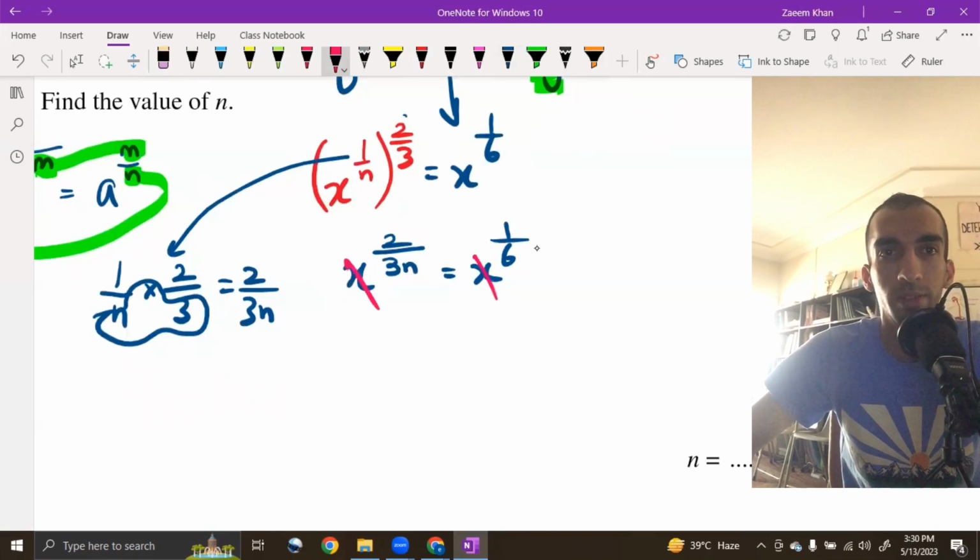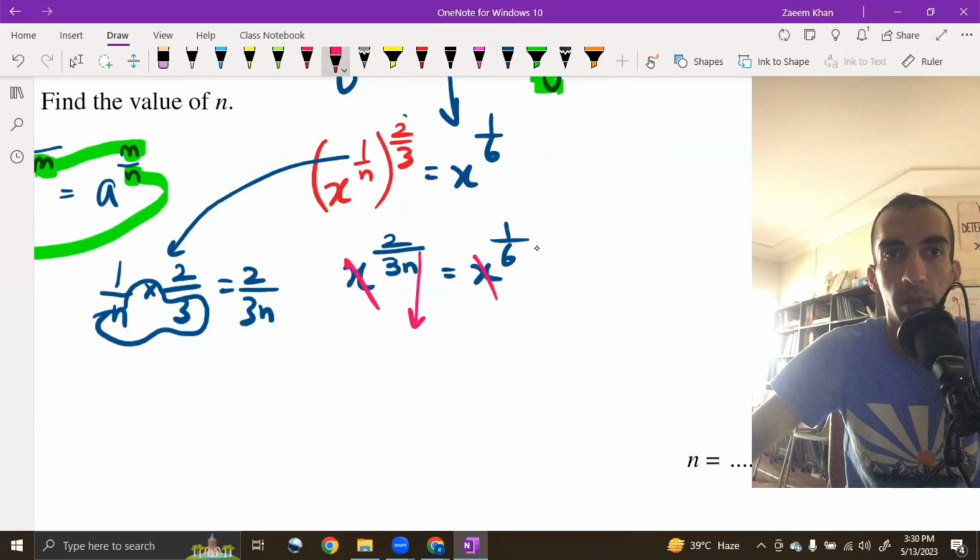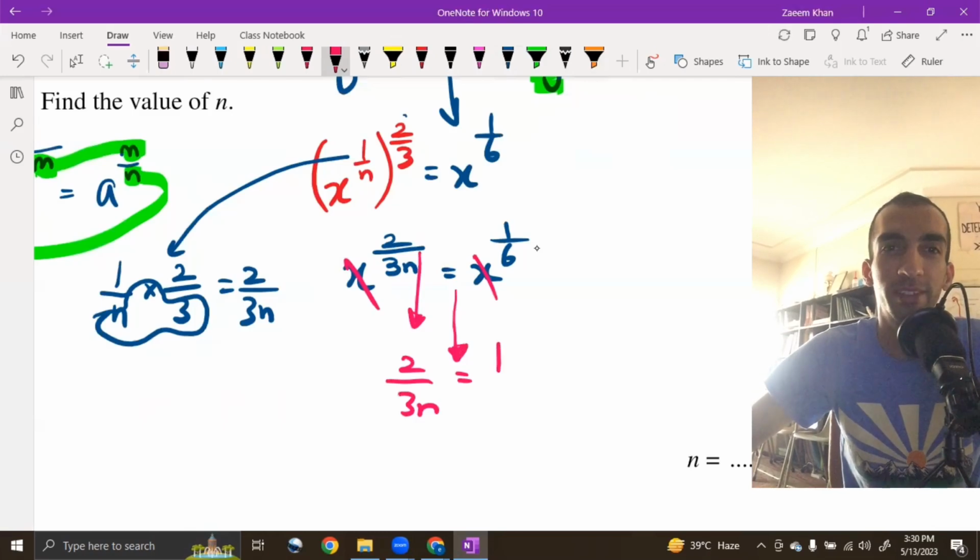We can say they do not exist anymore. And we can drop the powers in their place and write 2 divided by 3n is equal to, wait, just 2, 1 over 6. 1 over 6.